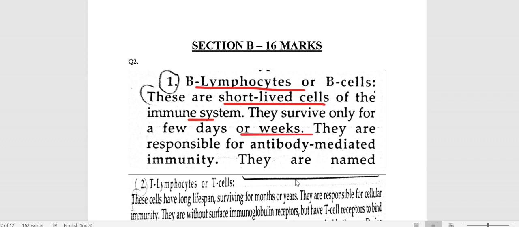And what are they doing for our immune system? They are responsible for antibody mediated immunity. This is the main function of B cells.